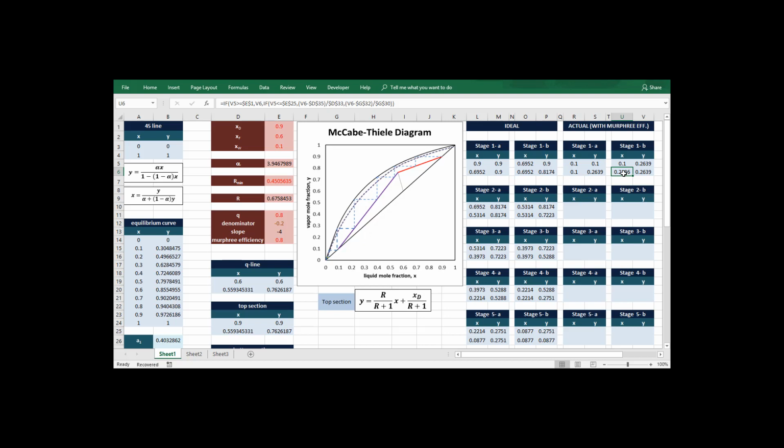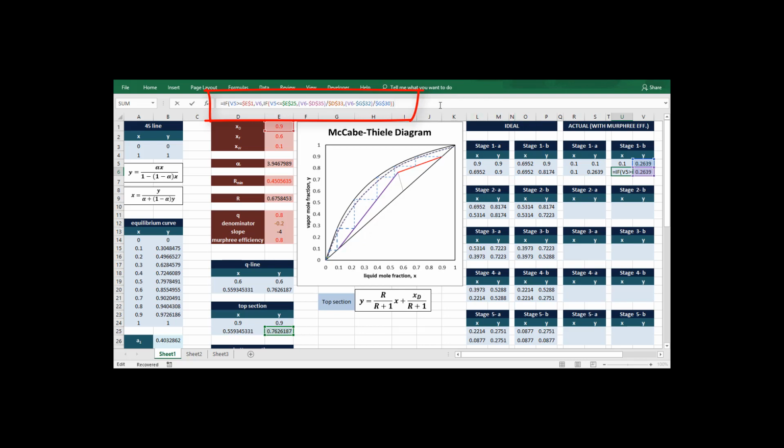But to solve for x2, we will need certain formulas for certain conditions. This is the formula, and it can be interpreted as: if the initial y1 is greater than or equal to the distillate composition, x2 will be equal to y2.